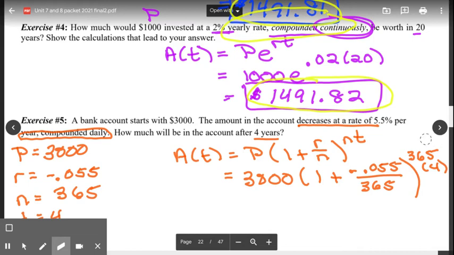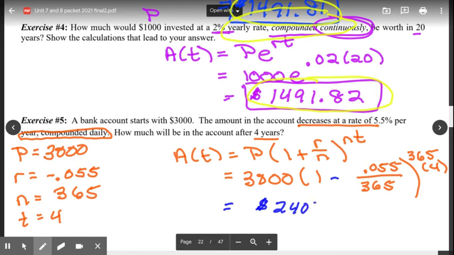You can do that, or instead of plus and negative, you can put a minus there. It's fine. It means the same thing. So you carefully put that into your calculator and you get 2,407.516484. So I'm going to say $2,407.52.